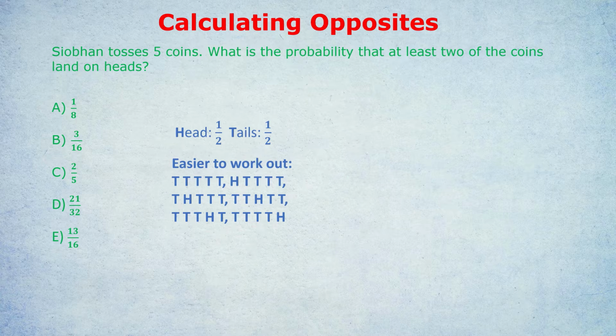But the phrase at least is very important to notice. At least 2 means 2 or more. So the opposite of 2 or more is 1 or less. So notice these 6 scenarios are all 1 or fewer heads. First one's all T's, 0 heads, and the next 5 are just a single head.